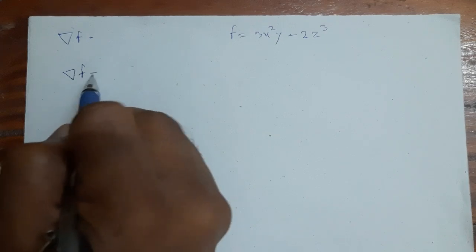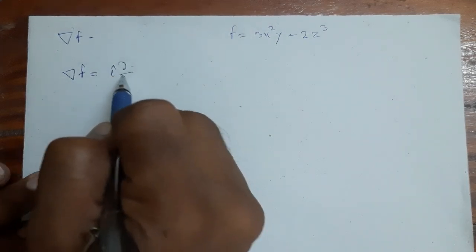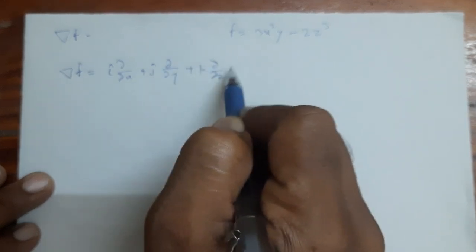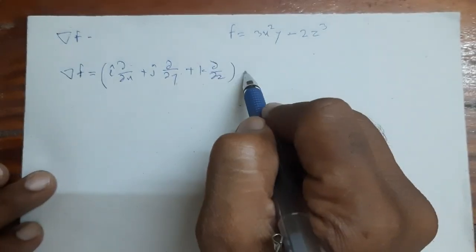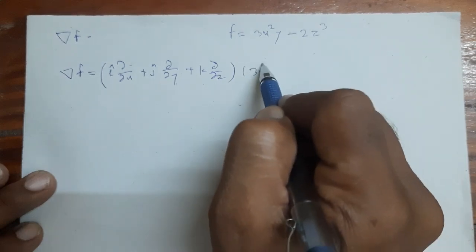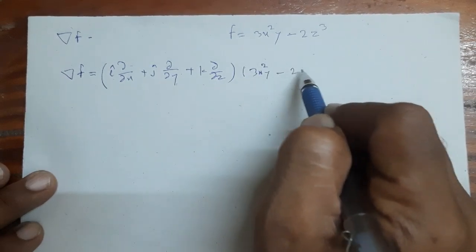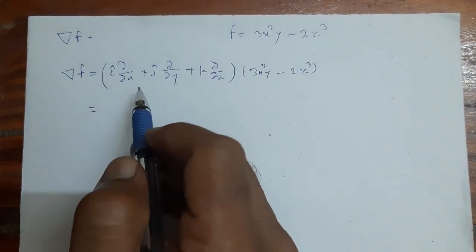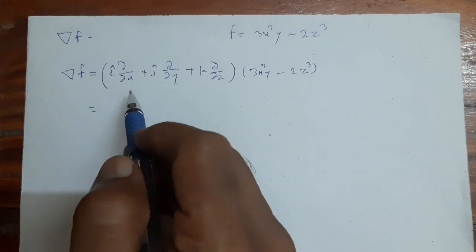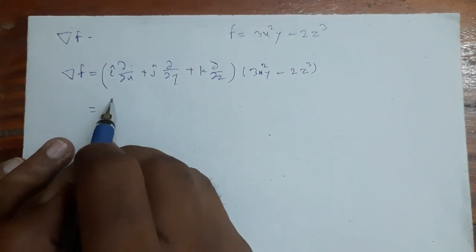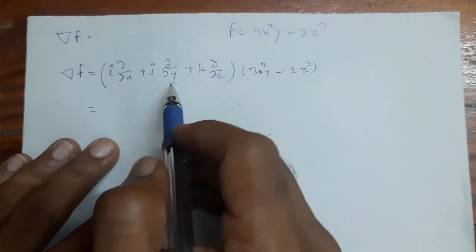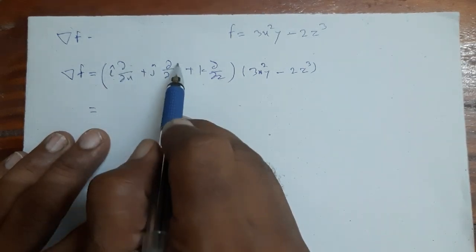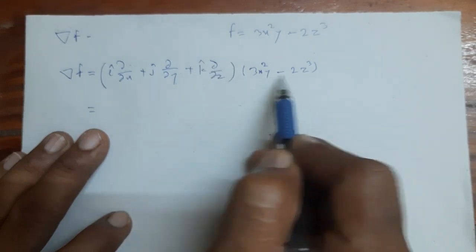Therefore we will begin with gradient of f is equal to del, that is i dou by dou x plus j dou by dou y plus k dou by dou z, and we will have to operate this on the function 3x square y minus 2z cube. Therefore, using the rule of distributive property, we will have to operate i cap dou by dou x, then j cap dou by dou y, and then k cap dou by dou z on this function.